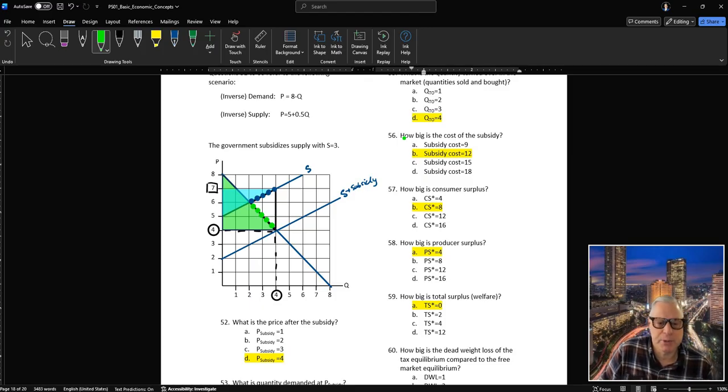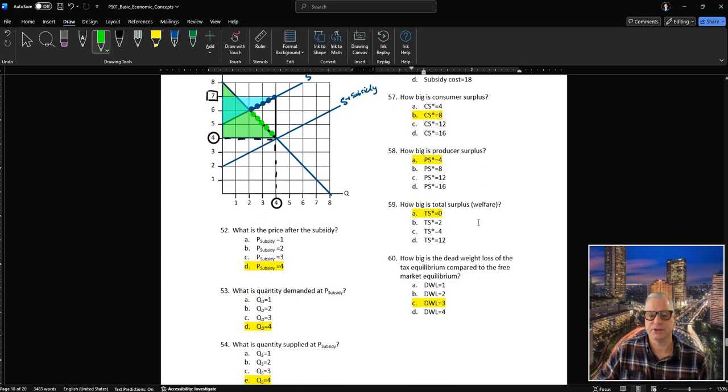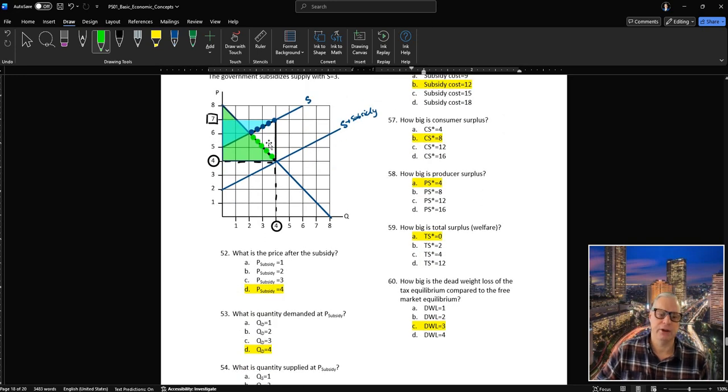So we match people in the market artificially, so that people whose willingness to pay is less than what it actually costs to produce are being served, and that can't be efficient. So that is why we have a deadweight loss that results from an inefficient overproduction.